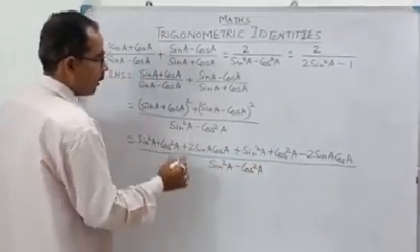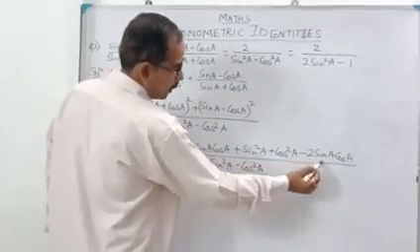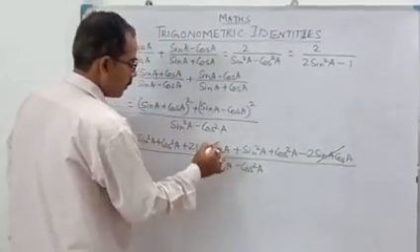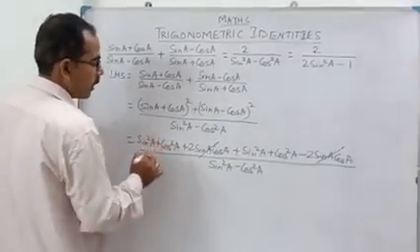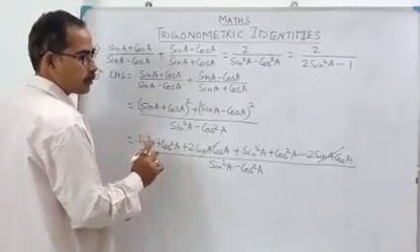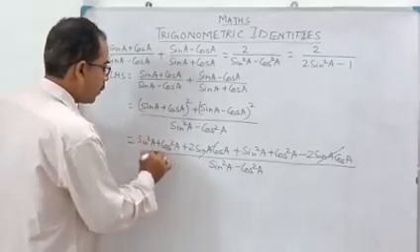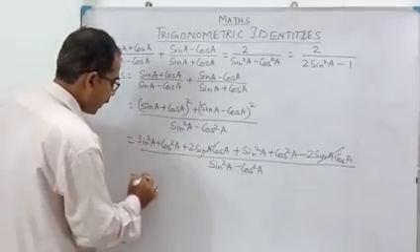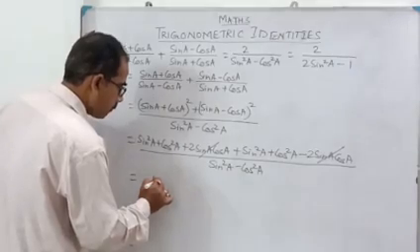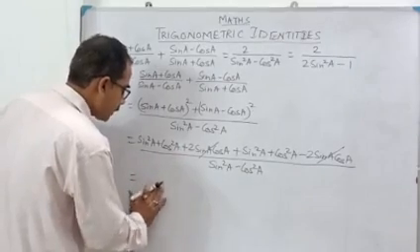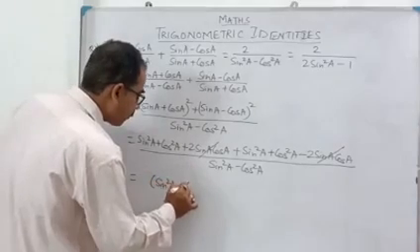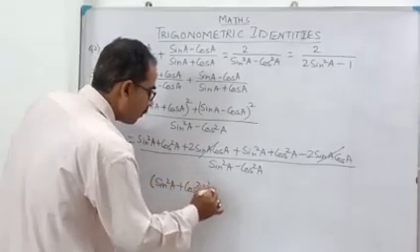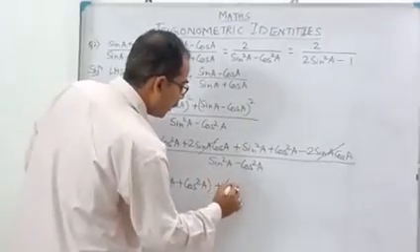So now look at here, plus 2 sin A cos A and minus 2 sin A cos A will cancel out. Now just arrange sin square A plus cos square A. What we know, sin square A plus cos square A equal to 1. So instead of this one, I can write 1, or just write once again, so that you can make it clear prominently.